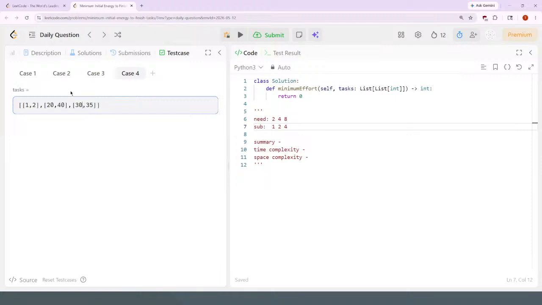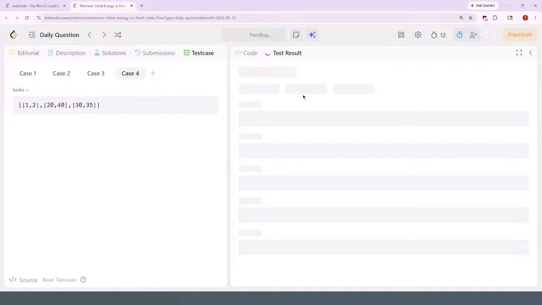This would be much bigger than 40. I'm guessing something like 55, unless I'm calculating this wrong. Looks like it gets 55.